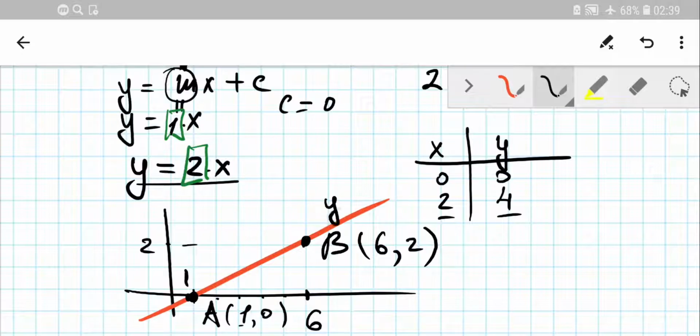And we have an equation y equals mx plus c. Our purpose is to define this coefficient for that line. How can we calculate it? Basically we can use this triangle.